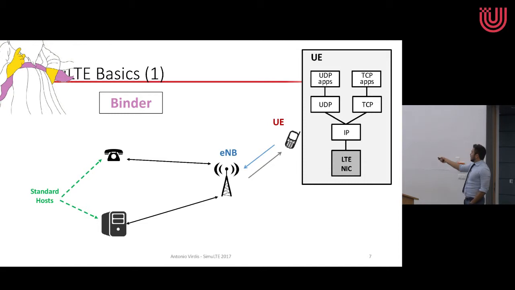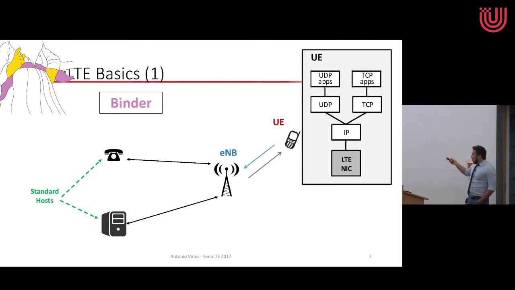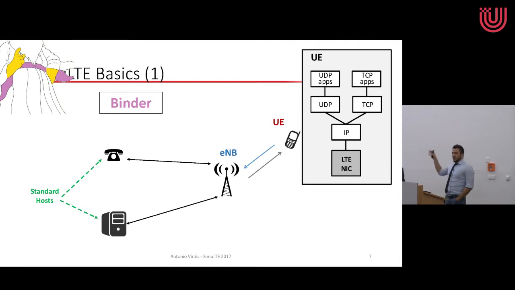And we have the gray one, which is the LTE NIC card, which provides layer 2 and layer 1 functionalities. In addition, we have the binder, which is kind of the oracle of the system, something that knows everything which happens within the system, and is basically used to keep track of all the connected modules and all the active user equipments in the network. We will get back to this later on.